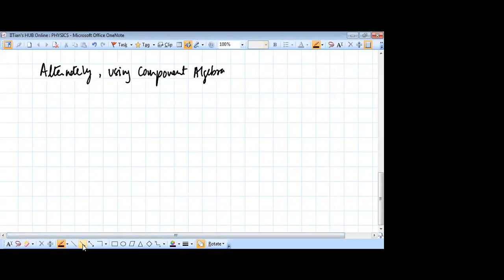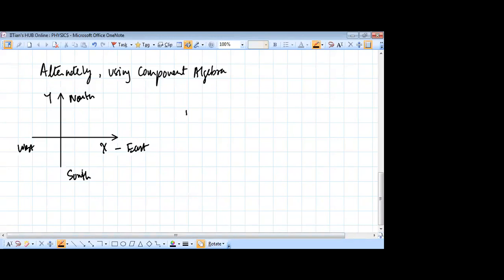In component algebra, we will define our coordinate frame with geographical directions. For example, if we define our x-axis to be along east, then the negative x-axis is towards west, and north is pointing along the y-axis, so the negative y-axis is pointing towards south.